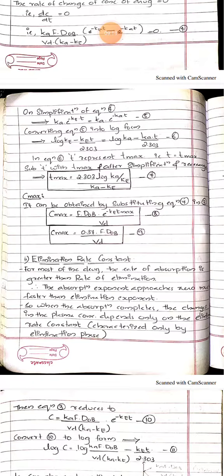Or we can say when absorption is complete, the changes in the plasma drug concentration depend only on the elimination rate constant. Once absorption is complete, the rate of change of drug concentration in the body is characterized only by the elimination phase.